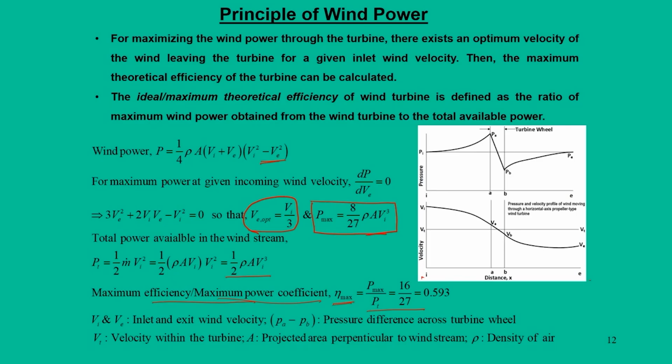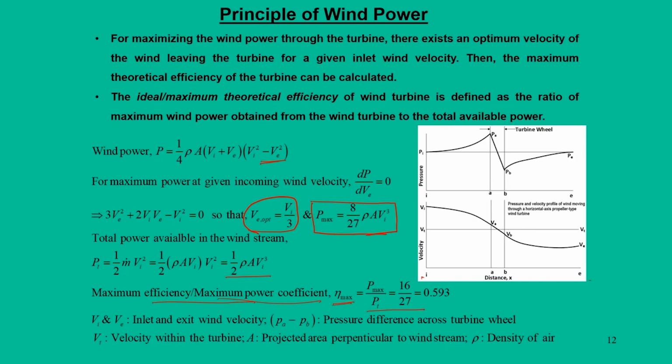This is a limiting case, and it comes out of theory as a fixed number. Since it comes from a theoretical analysis, none of the turbines can harness a power coefficient more than this number.